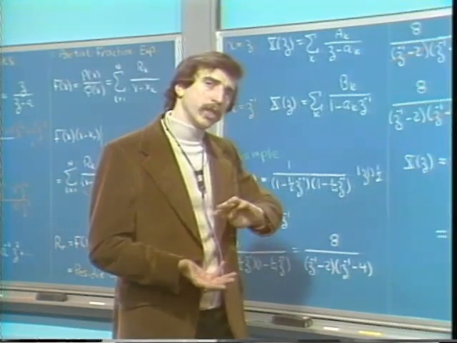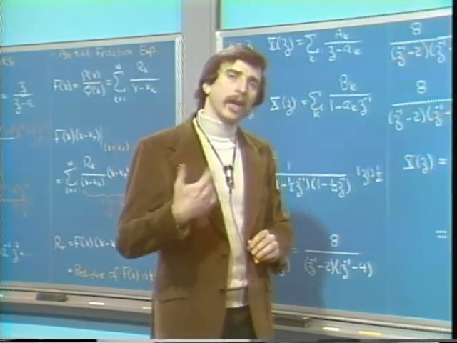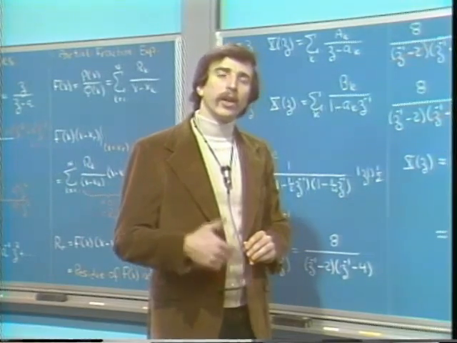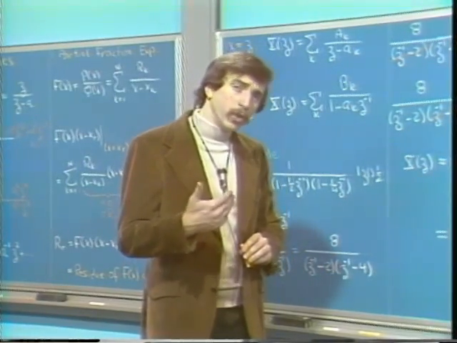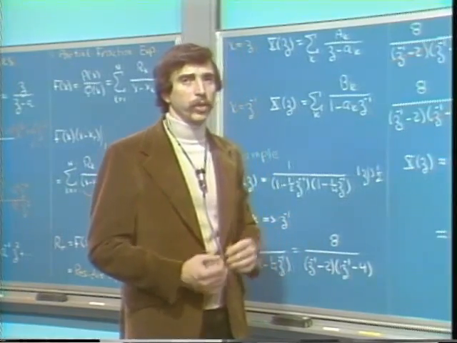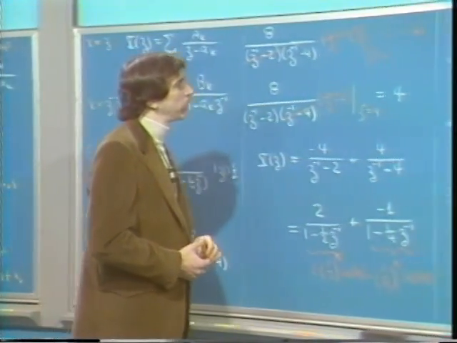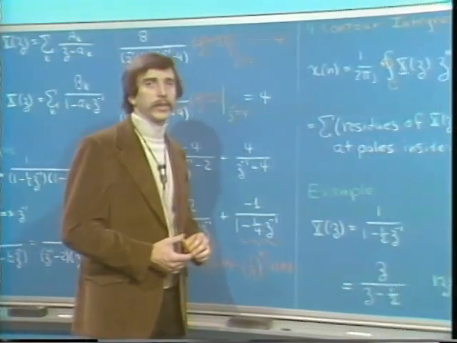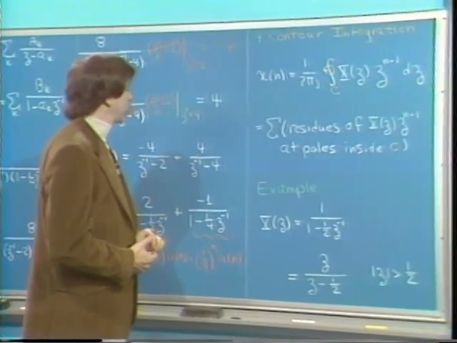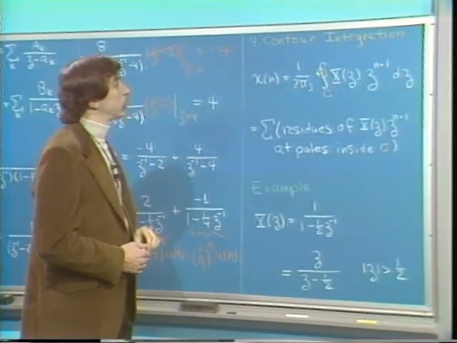So sometimes the formal inverse Z transform is computationally useful. In other cases, it's useful in proving theorems or developing properties. Well, this final method and the most formal method is the method that I refer to here as contour integration.